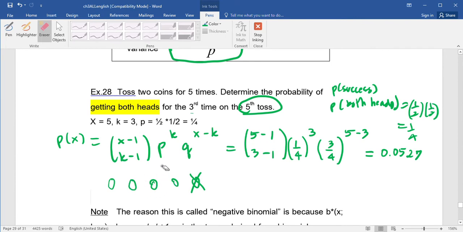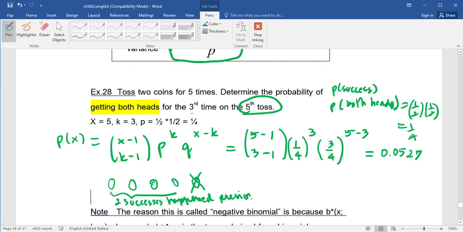We just want to know the probability of getting success for the third time on the fifth toss. So we just say 2 successes happen previously. Anywhere in here there are 2 successes, and here is the third success that happens on the fifth toss.